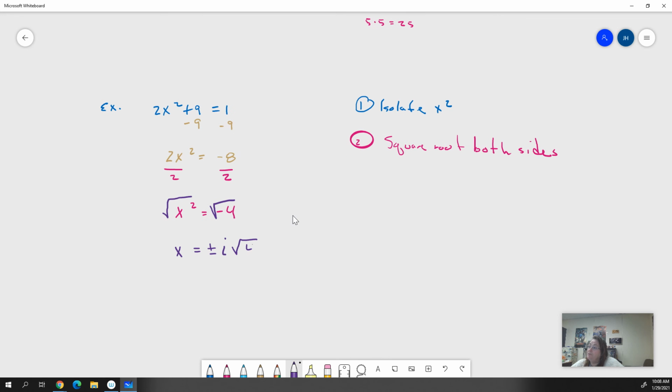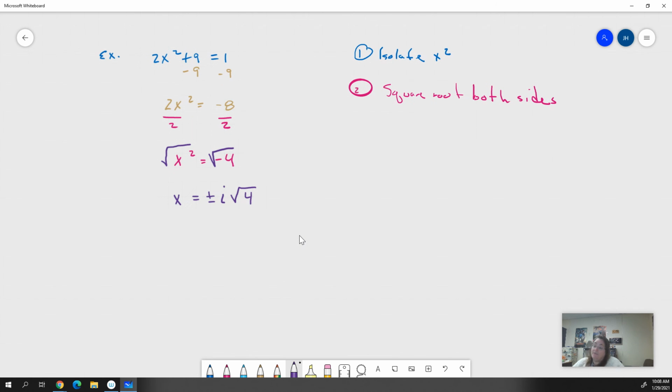And now we have times the square root of 4. Right? And now all we have to look at is, what's the square root of 4? So what number times itself equals 4? 1 times 1, 2 times 2, 3 times 3, 4 times 4.